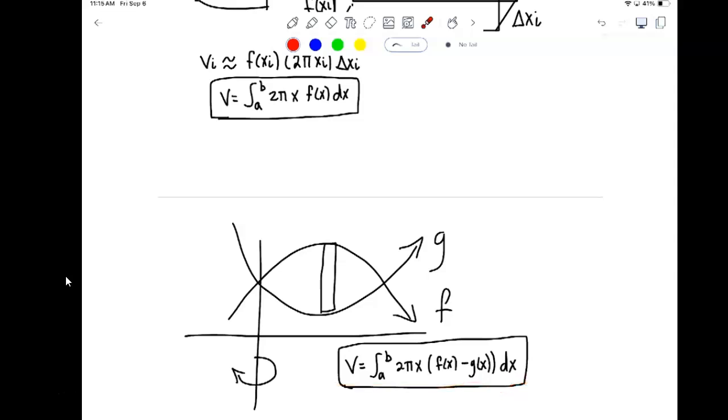Okay, and again, the key idea here is your shell is laying parallel to the axis that you're revolving about when we're doing shells. Whereas disk, you're revolving perpendicular. Your rectangle is perpendicular to the axis. And so that's the difference between the two methods. Sometimes you can do something with both methods. Sometimes that just doesn't work. Okay, so we're going to look at some examples in some upcoming videos, but I first wanted to get this introduction for how this formula comes about. And so now we're going to see how to use it.